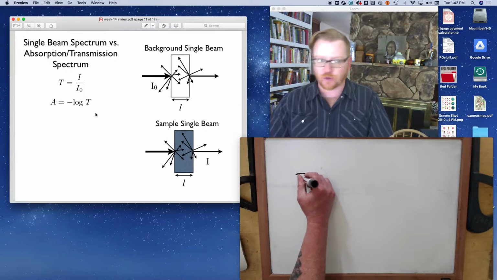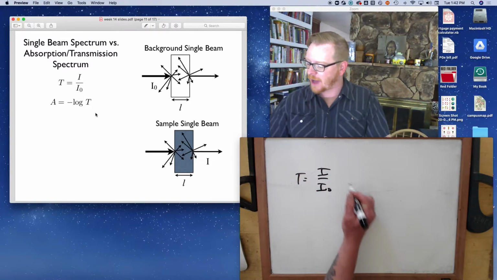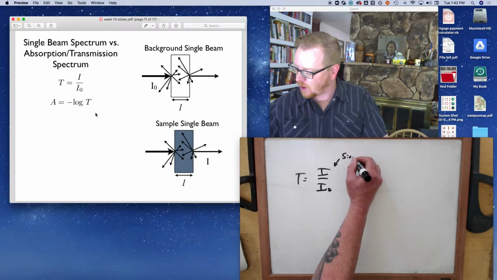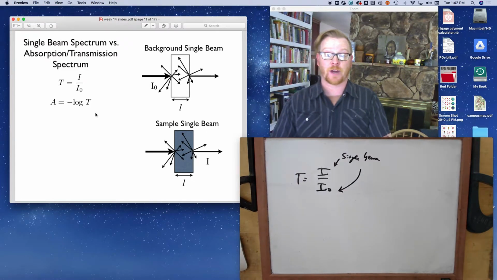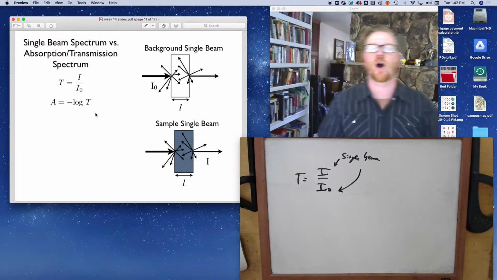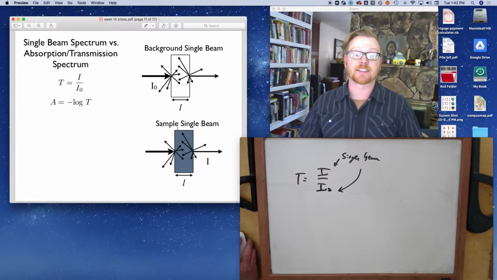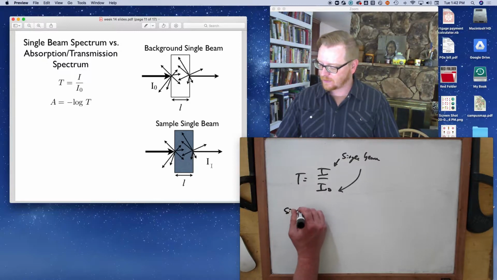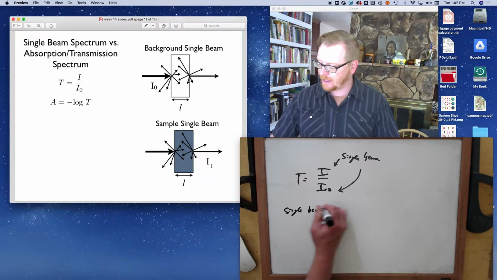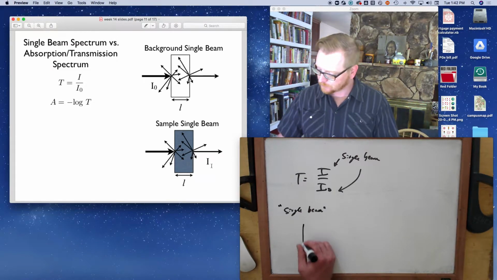So when I write that the transmittance is the ratio of I over I naught, each of these are single beam spectra that we're ratioing. We commonly call the background spectrum I naught, and the sample beam spectrum I. In a single beam spectrum, it's one single beam of light, right?